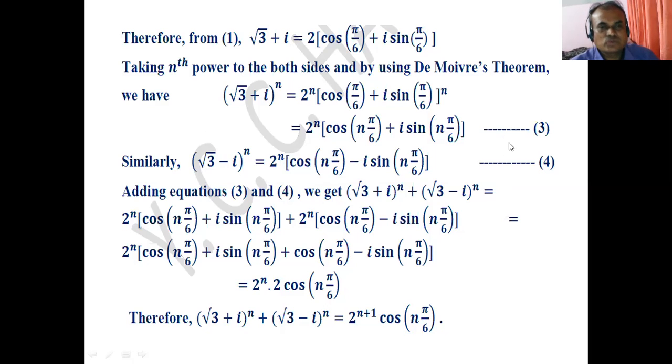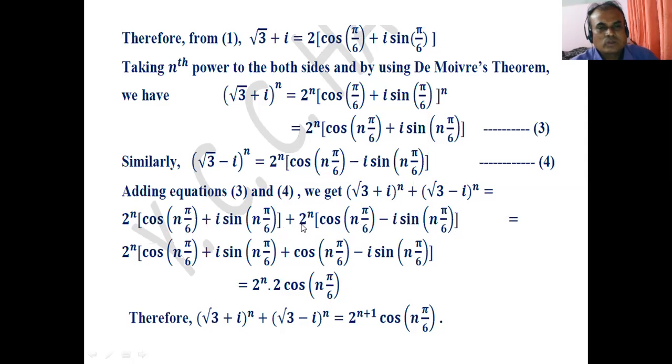Now adding these two, equations 3 and 4, we get on the LHS root 3 plus i raised to n plus the bracket root 3 minus i raised to n. Now the RHS is 2 raised to n into bracket cos of n pi by 6 plus i sine n pi by 6, plus the next value from equation 4, 2 raised to n into bracket cos n pi by 6 minus i sine n pi by 6.